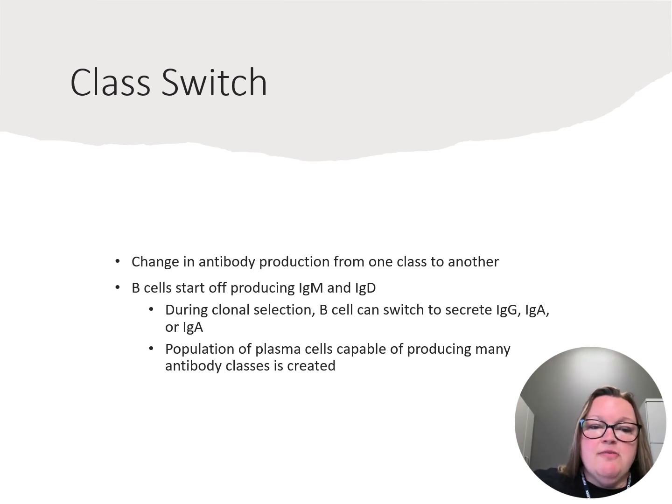Right before this, the B cell has the option of becoming a secretor of IgM or changing the class of antibody to a secreted form of IgG, IgA, or IgE. So it makes sense then that the B cells may produce a population of plasma cells that produce many different classes of antibodies against the same antigen.